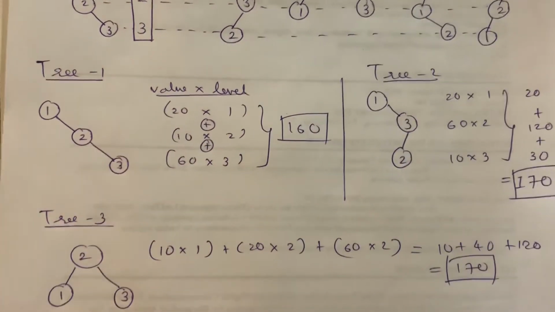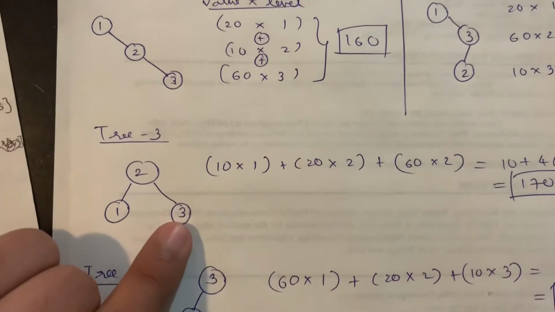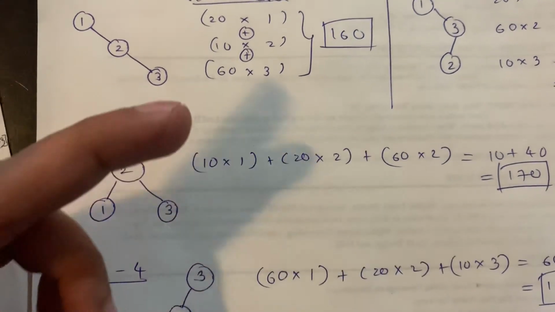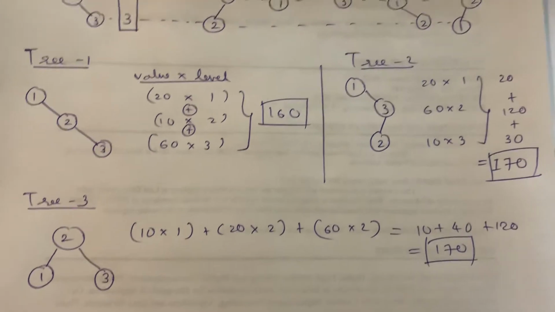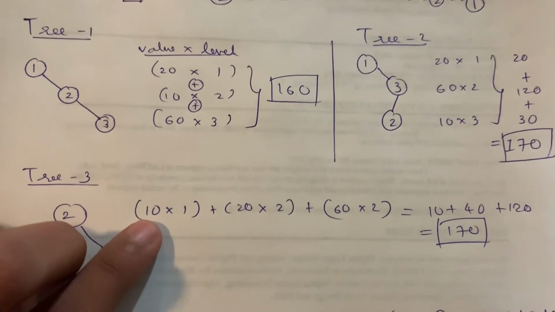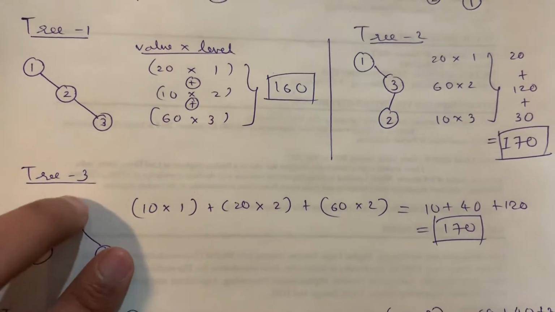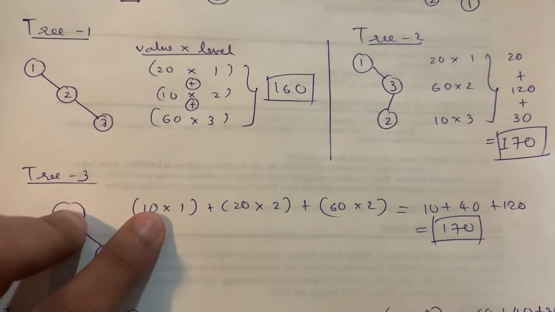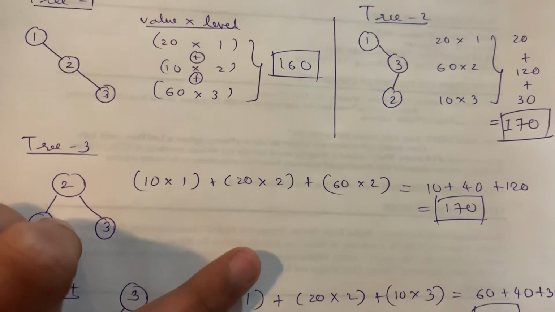All right, so let's go to the third one. This is not tricky, it's pretty simple, but you just want to be careful for the first time because it's not the same as the first 2. This only has 2 levels, so keep that in mind while you're calculating the cost. So you go key number 2, value is 10, level is 1, plus key number 1, value is 20, and level is 2.